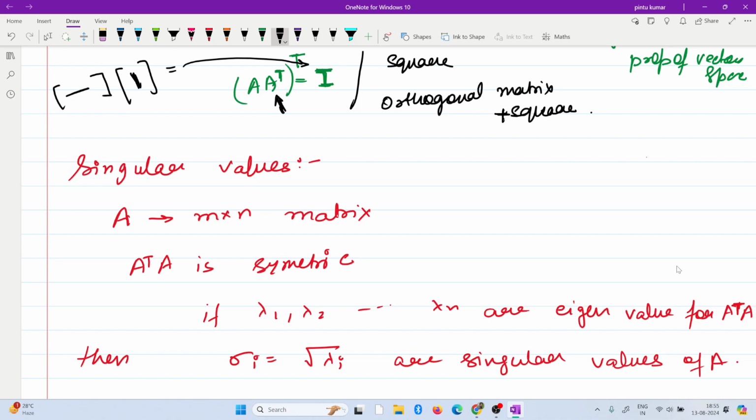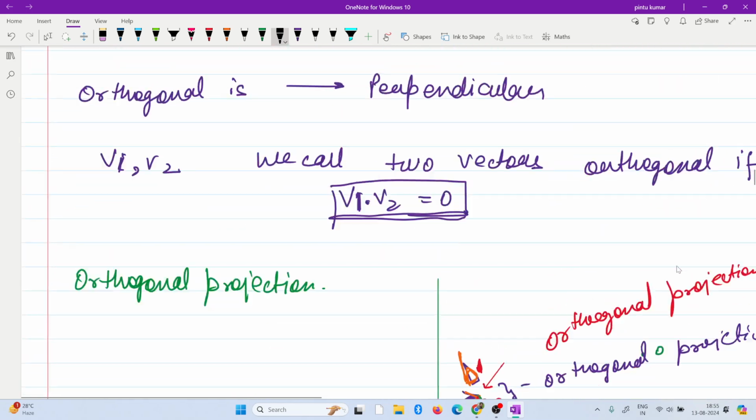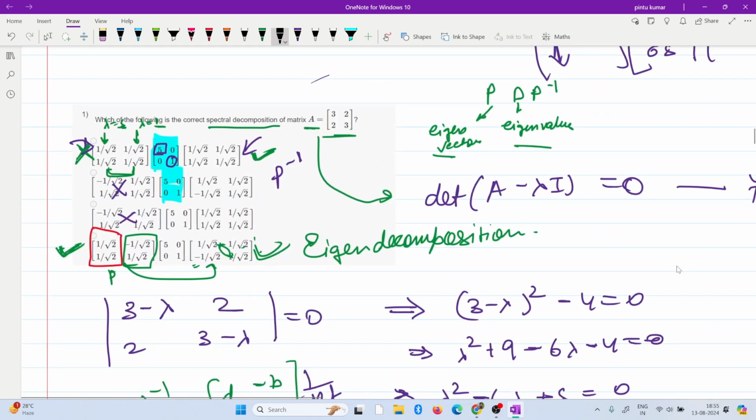Let me just look at this example. I don't think so.